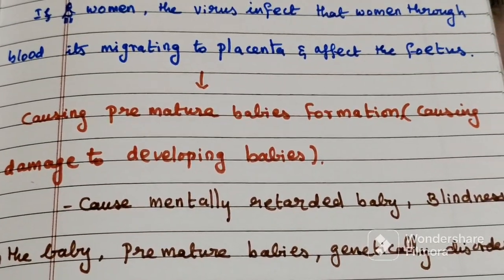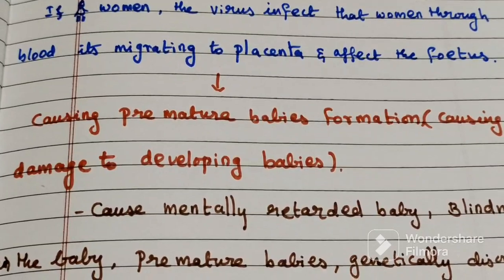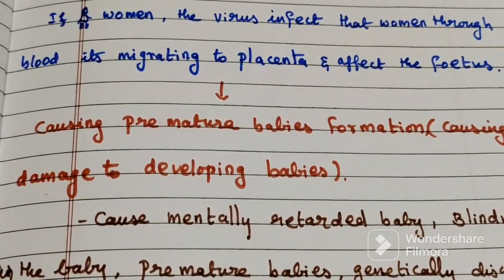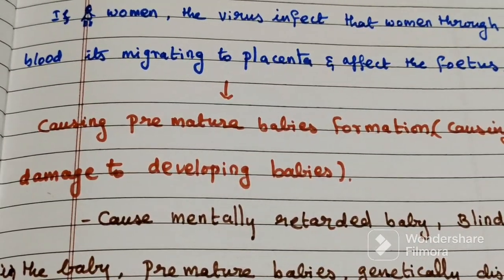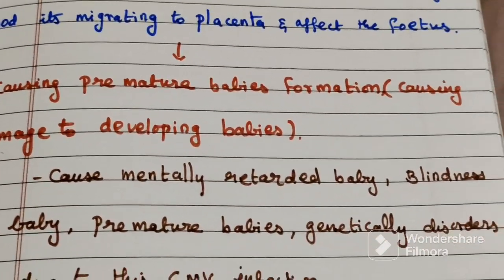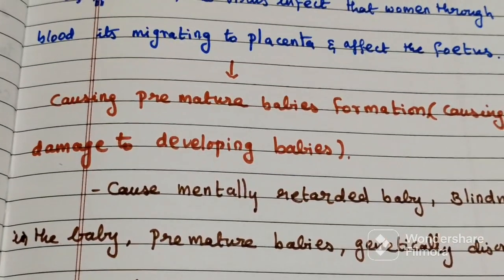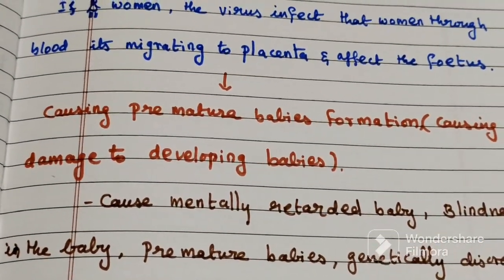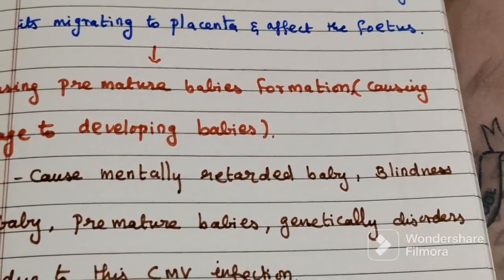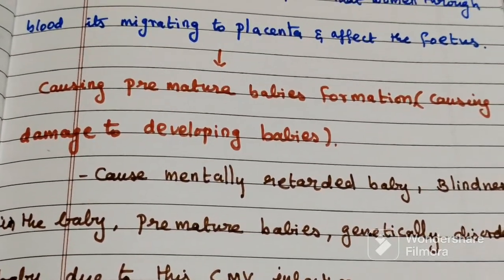So it mainly affects babies only. It causes mentally retarded babies, blindness in the baby, premature babies, genetically disordered babies due to cytomegalovirus.